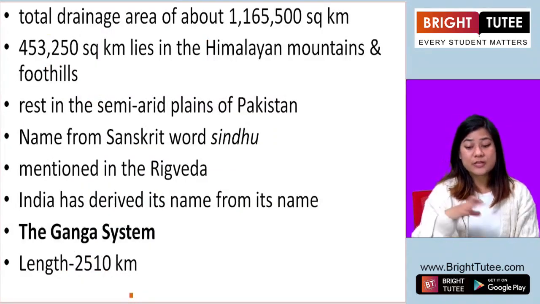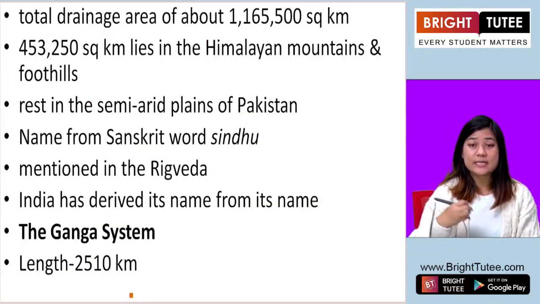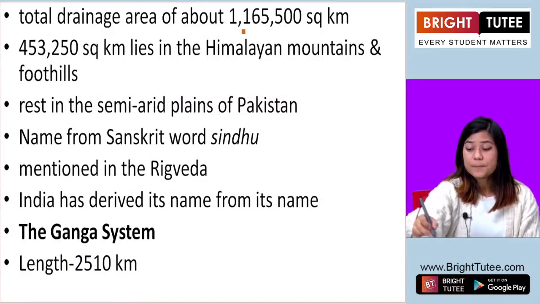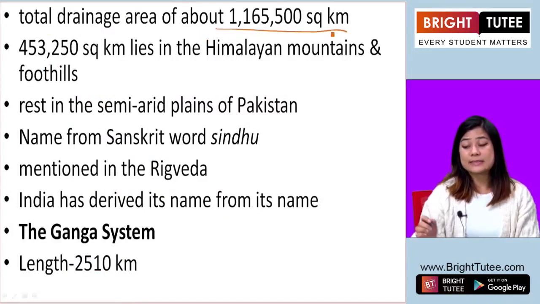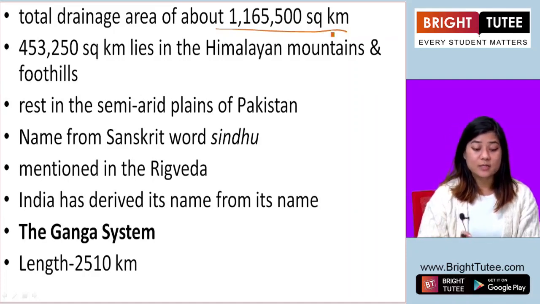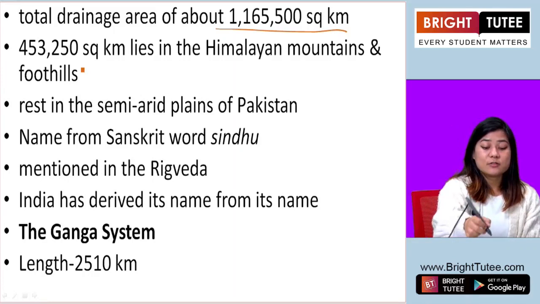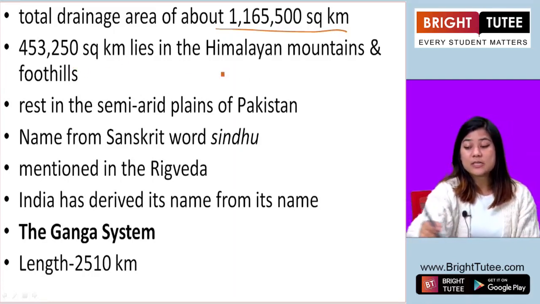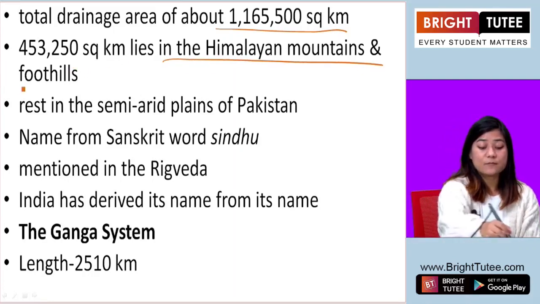Now the total drainage area that it covers is about 11,65,500 square kilometers. Out of that, 4,53,250 square kilometers lies in the Himalayan mountains and foothills.